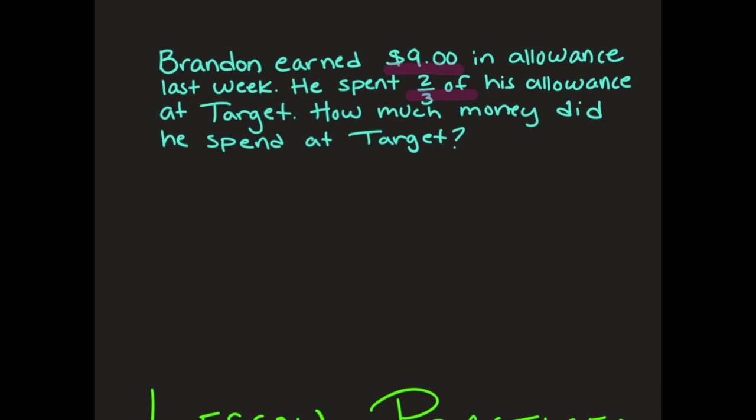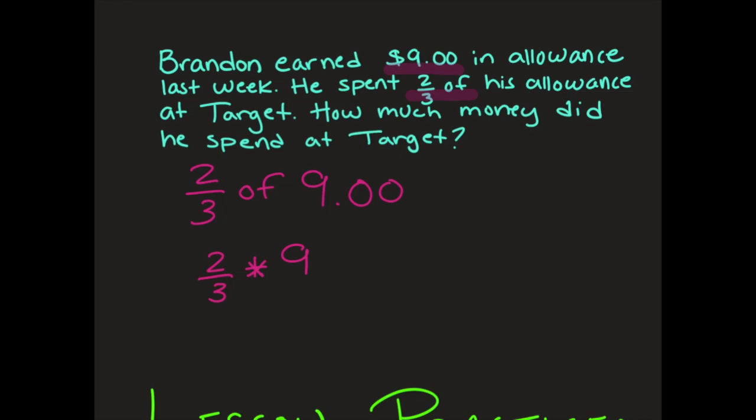So my problem here is 2/3 of 9, or $9. I know it looks like this when we're talking about money, so I'm going to rewrite it in a way that's going to make it easier for us to do our multiplication problem. 2/3 of equals multiply and 9.